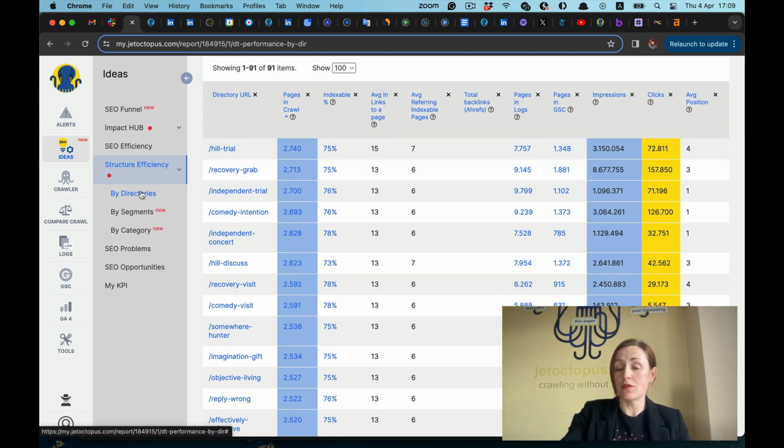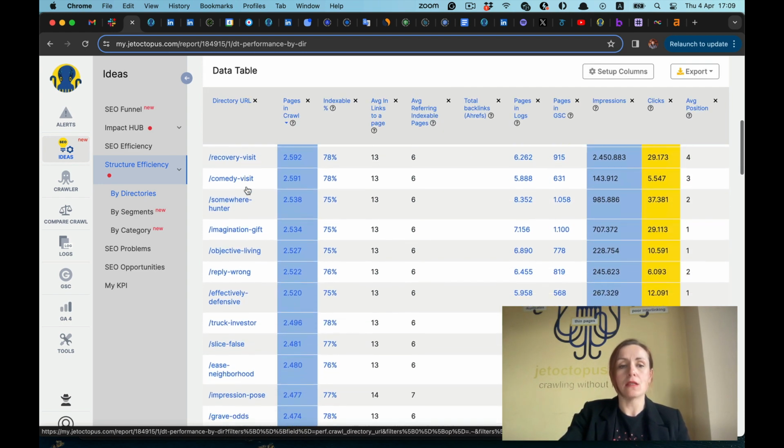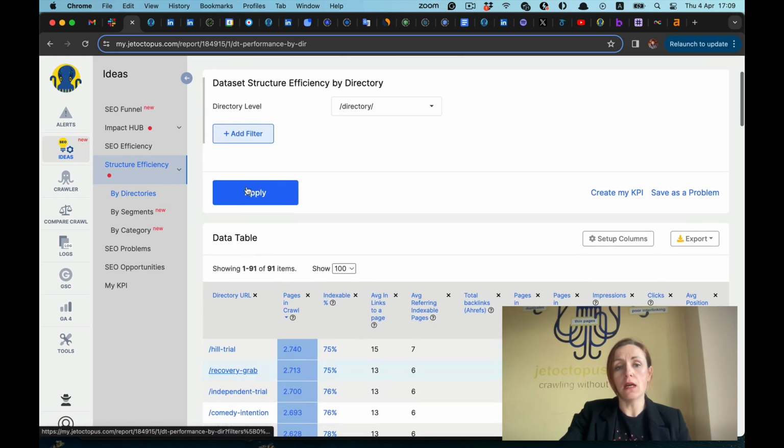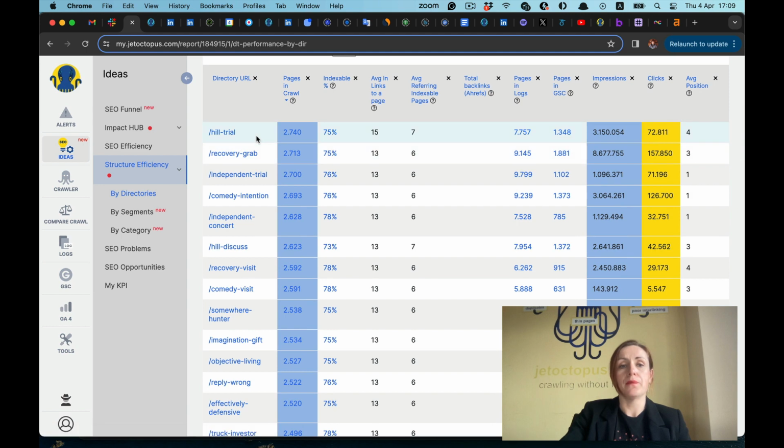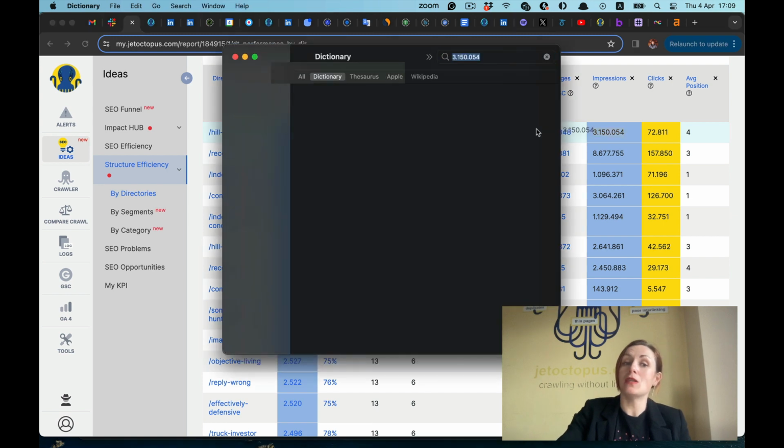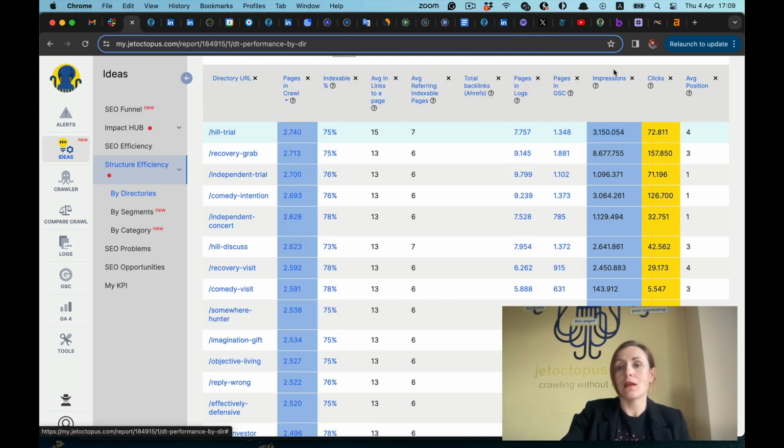Site structure efficiency by directories was already present in our platform, and you all remember that you have all your directories here, and you get profound information: the number of pages within the directory, the number of pages open to indexation, the average number of internal links within this directory, the average referring pages from indexable pages to these pages, the number of pages visited by Googlebot within the directory, the number of pages ranked in SERP, the number of impressions these ranked pages are getting, the number of clicks, and the average position.